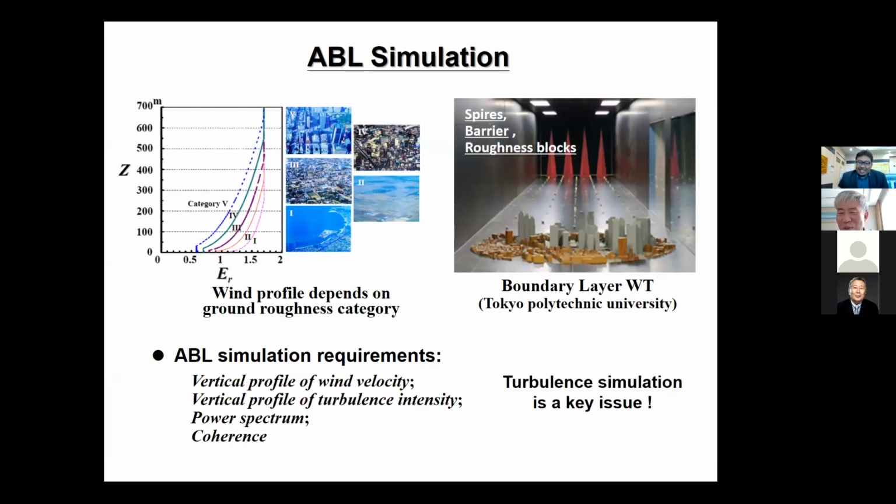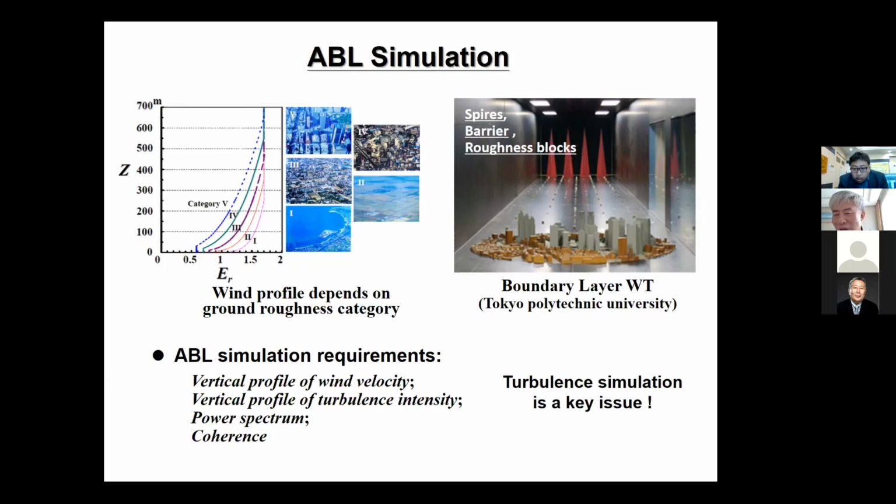That's why I think CFD is better than the wind tunnel test, especially for this kind of design. To generate the velocity profile, you tune the spires and reference blocks. Usually in the wind tunnel we prepare settings: this setting is for category A, this for category B, this for category 3.